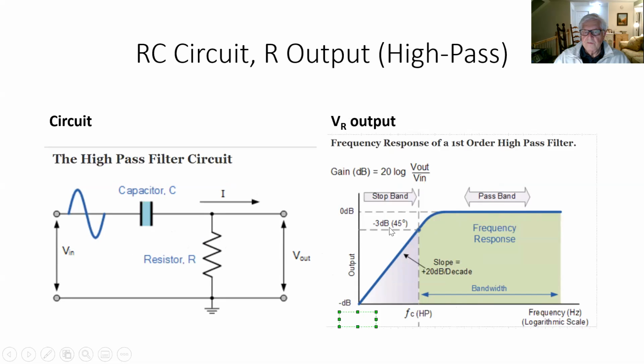So again, we have that same slope of about 20 dB per decade, okay? And the cutoff frequency occurs at -3 dB. dB stands for decibel.